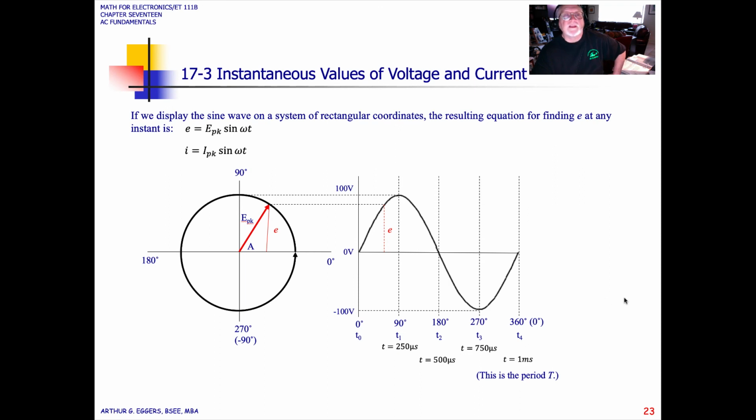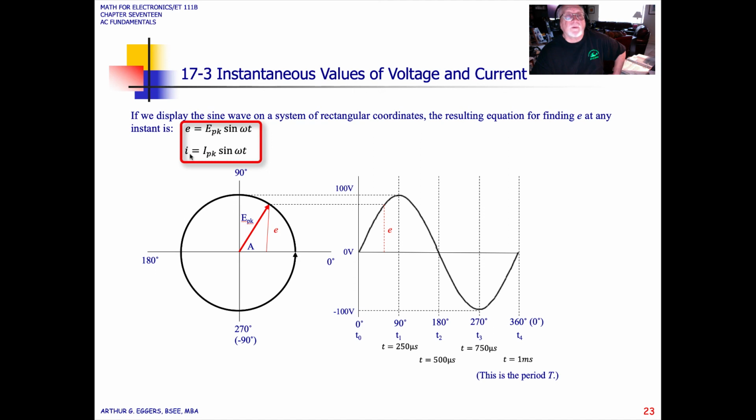If we display the sine wave on a system of rectangular coordinates, the resulting equation for finding E, the instantaneous voltage, at any instant is given by E is equal to the peak value of the voltage times the sine of omega t.